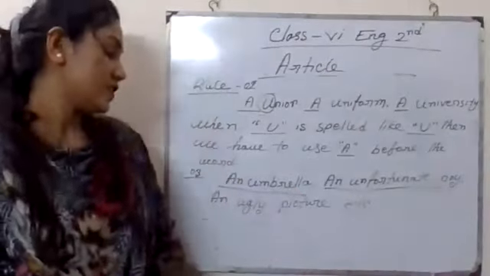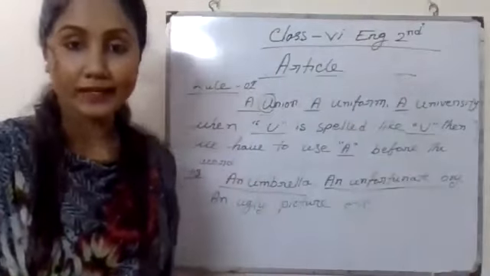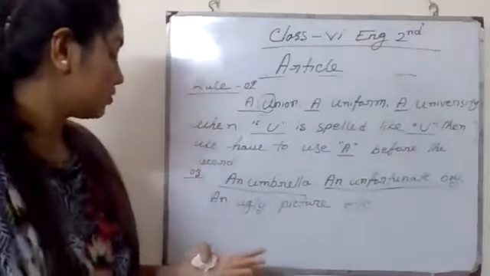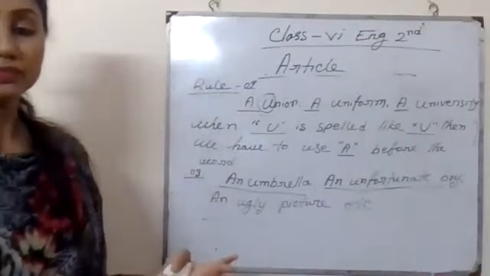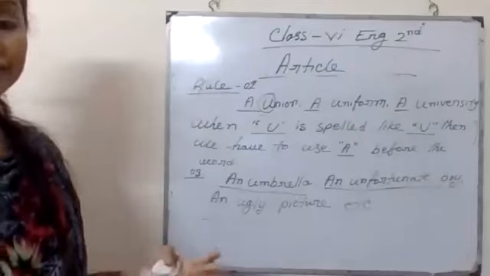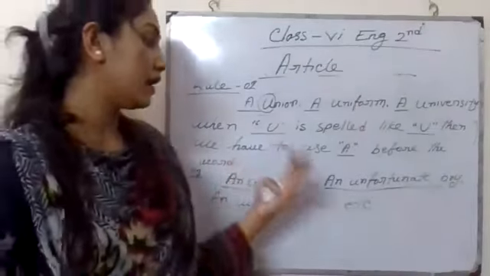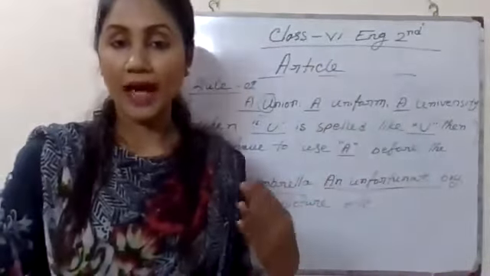The answer is when a vowel word will sound like a vowel, like A, then we have to use AN. Okay? So an umbrella, an unfortunate boy, an ugly picture.